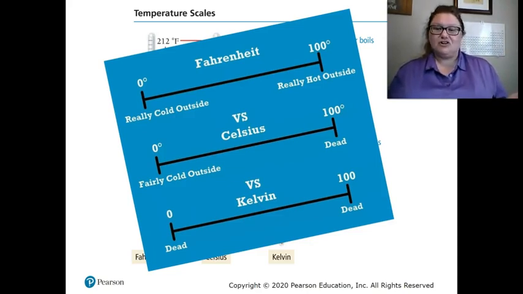It's like, oh, it's pretty cold. 100 degrees Celsius, you'd be dead. Because it's boiling. You're not boiling at 100 degrees Fahrenheit. 100 degrees Celsius, you would be. Okay. Kelvin, you're dead on either side. Okay. So it's just science humor.